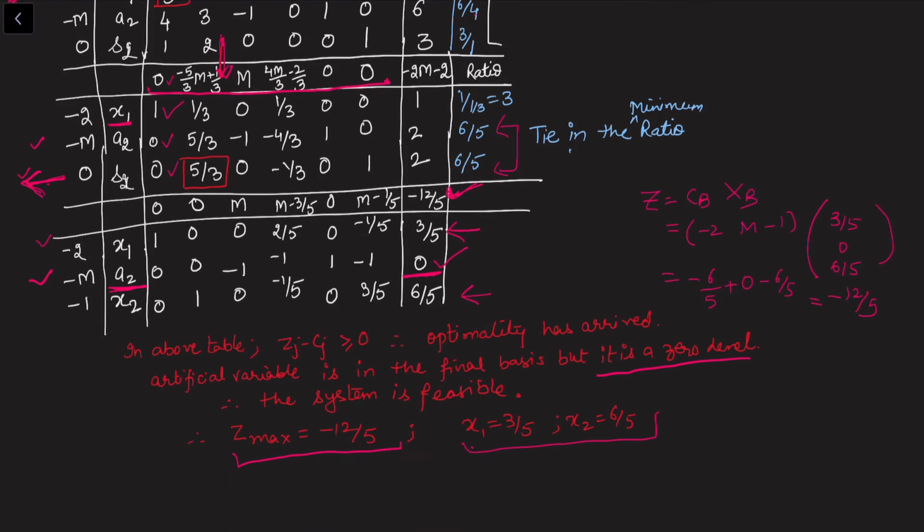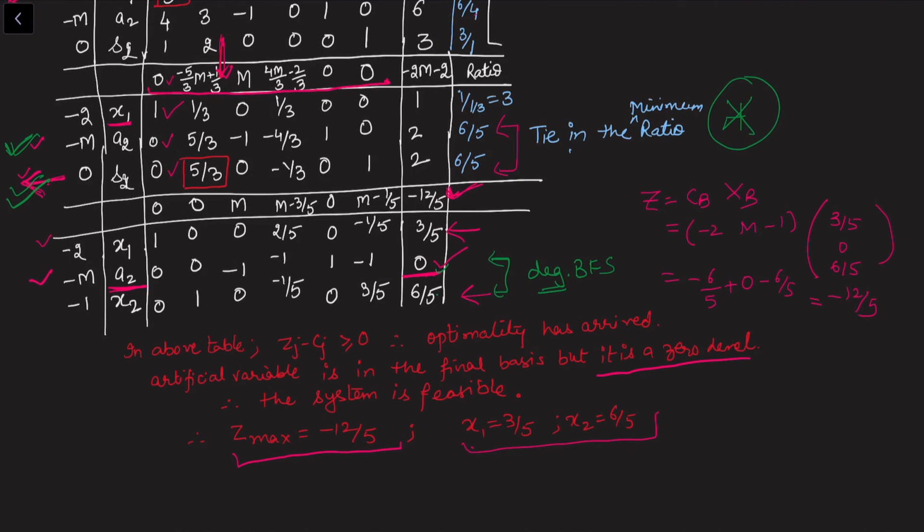Also notice that in this tie, when I removed the slack variable, we could have also removed the artificial variable. The next solution that we get will always be a degenerate basic feasible solution. Degenerate means that the other variable in the tie will give me the value 0.